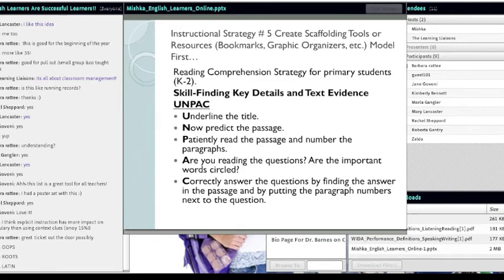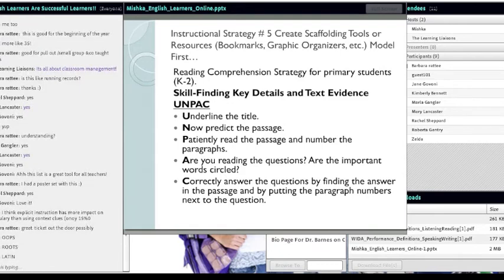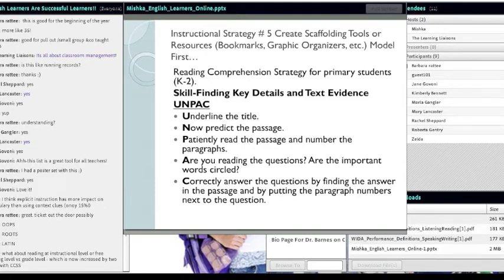This is just a way to help them gain the tools that they need to read and answer questions. The first step is you underline the title, and then after they're done, they have to predict the passage.